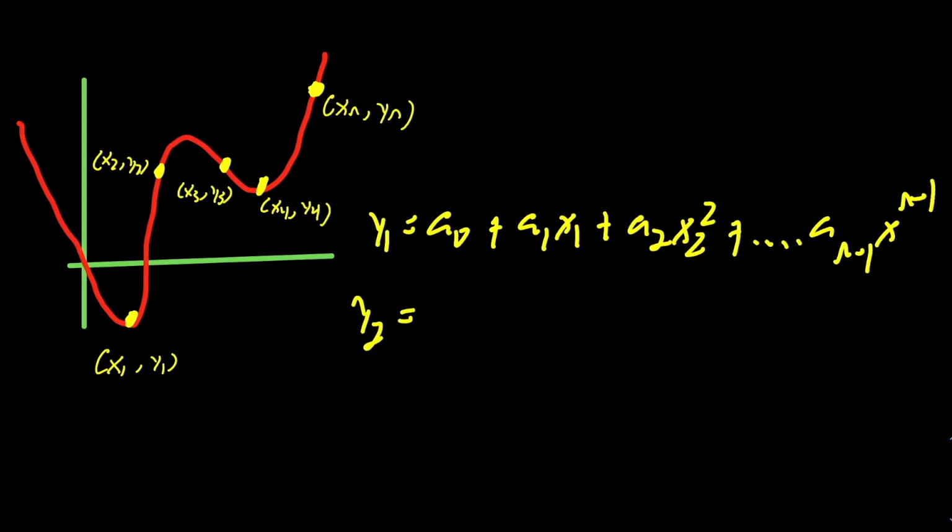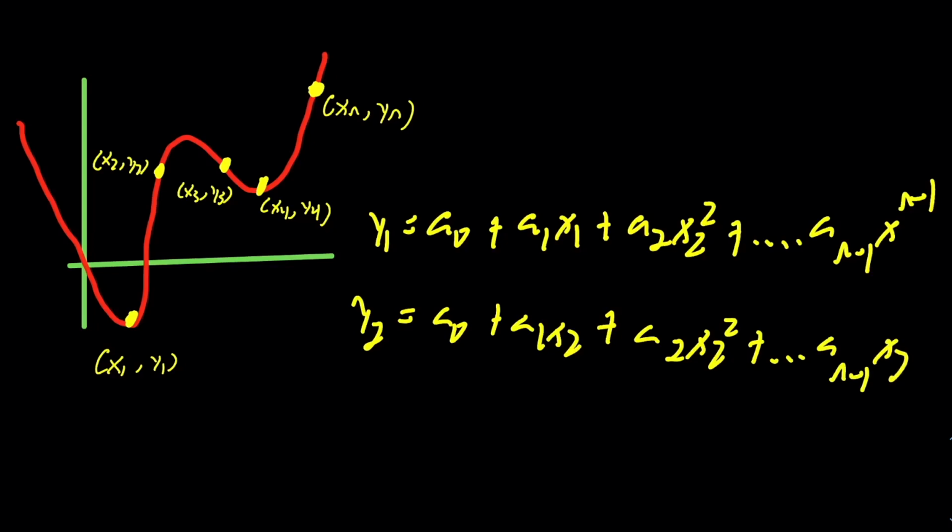And y2 would have to equal a sub naught plus a sub 1 x2 plus a sub 2 x2 squared plus a sub n minus 1 x2 to the n minus 1, and so on. This is more of a general solution. In the next example, we're going to be more specific.